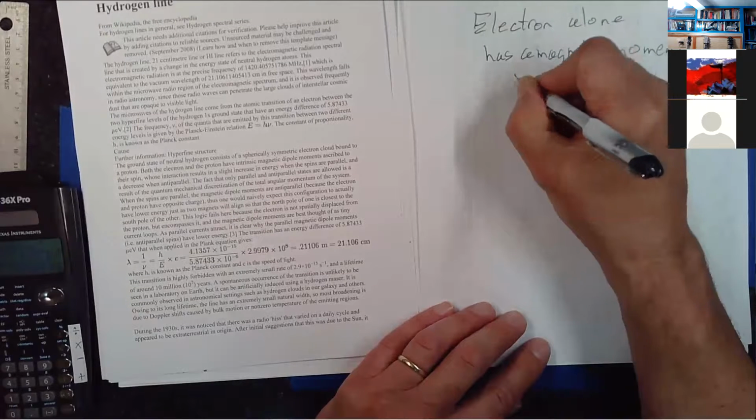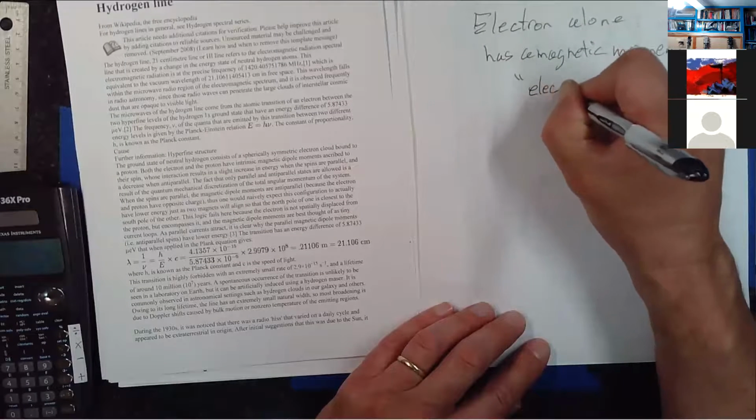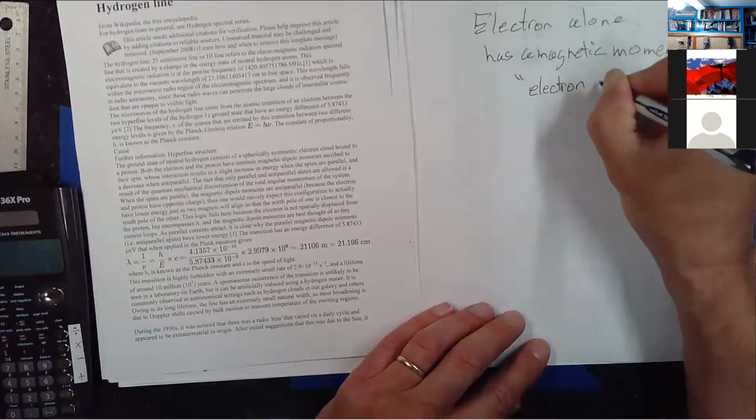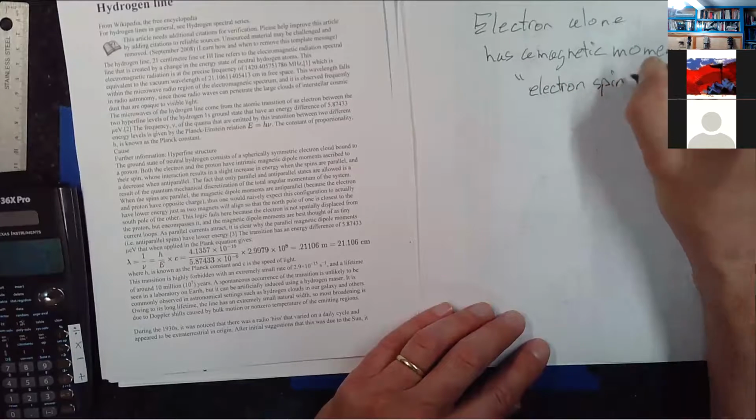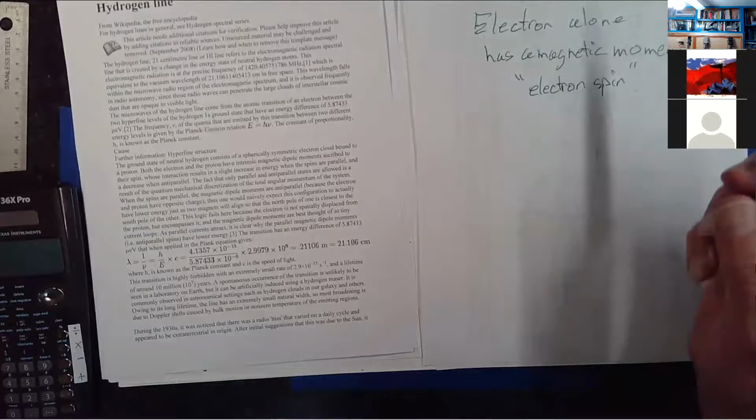And we refer to that as electron spin. And it turns out that neutrons and protons also have a property called spin, and it's something that has to be taken into account in all sorts of quantum mechanical calculations.